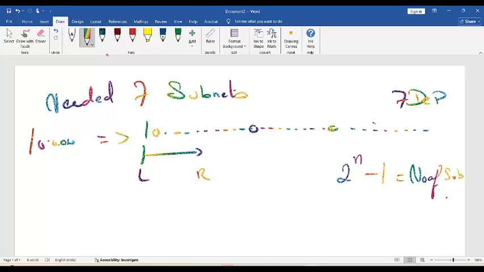This n is the number of bits that you are going to borrow. N is equal to the number of bits taken from the host.